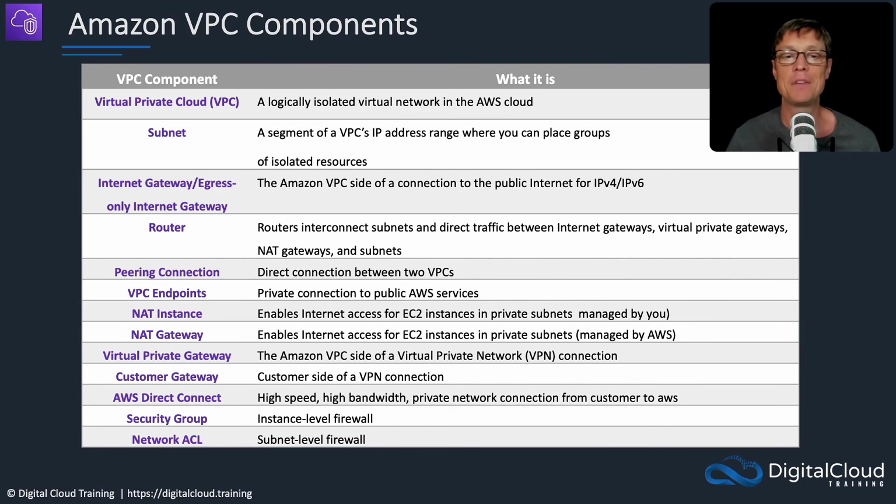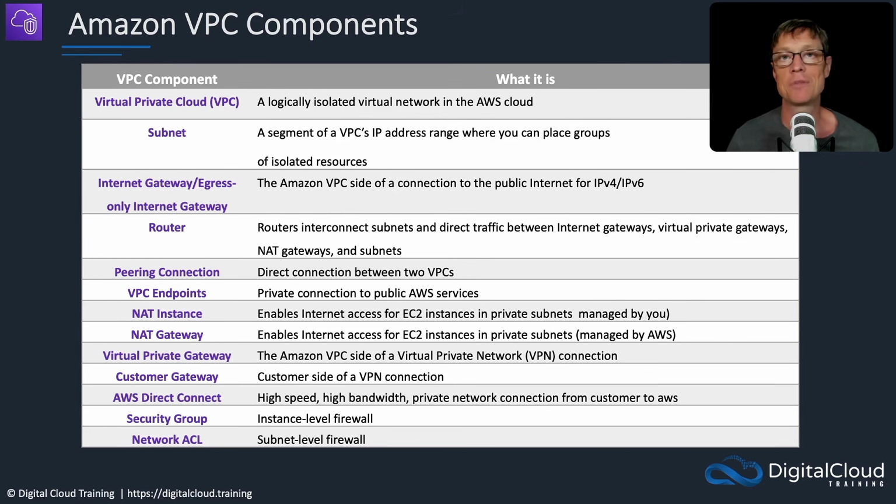So you know what a VPC is and what subnets are. You know what an internet gateway is as well. Now, an egress-only internet gateway is when you're using the IPv6 protocol, and it allows traffic outbound only, whereas an internet gateway is for IPv4, and it allows both egress and ingress traffic.